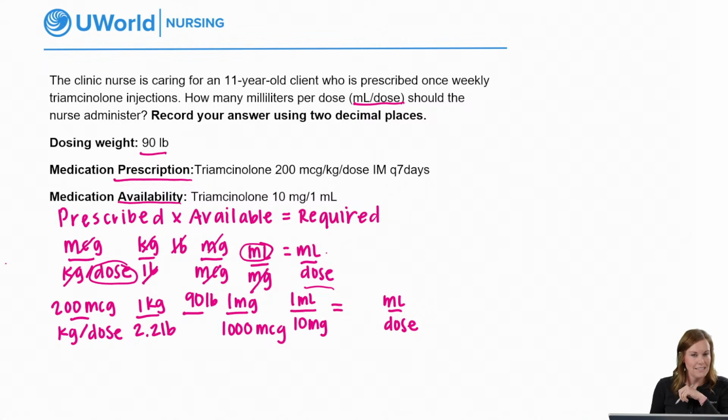Let's cross out our units again so it looks nice and neat, and we know that what we have remaining is what we're looking for. Okay, so our weight has been accounted for, kilograms, kilograms. Our pounds have been accounted for, pounds, pounds. Our micrograms have been converted into milligrams, and our milligrams cancel. So again, what we're left with is dose and milliliters.